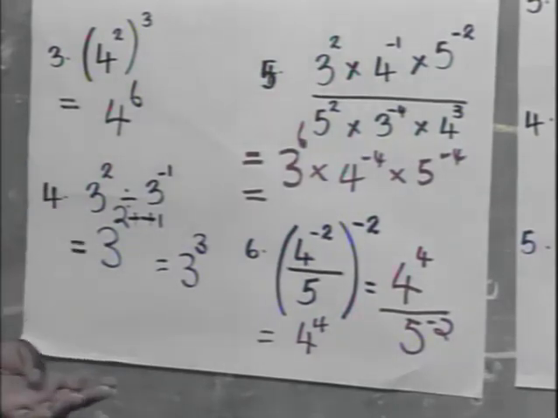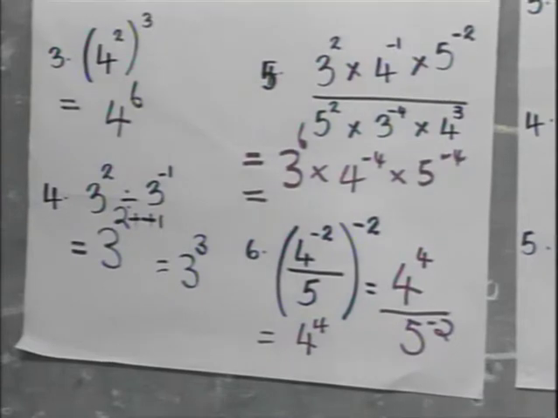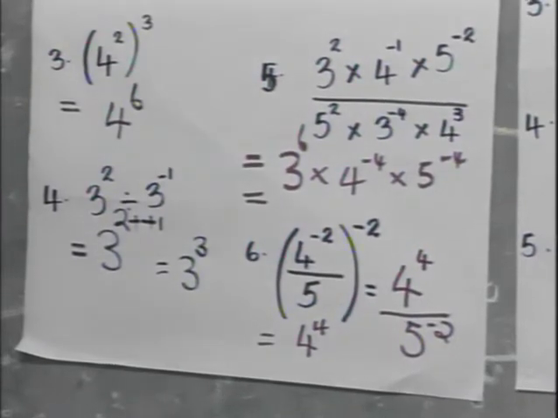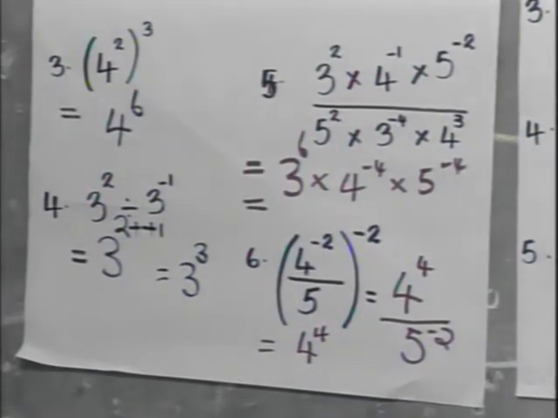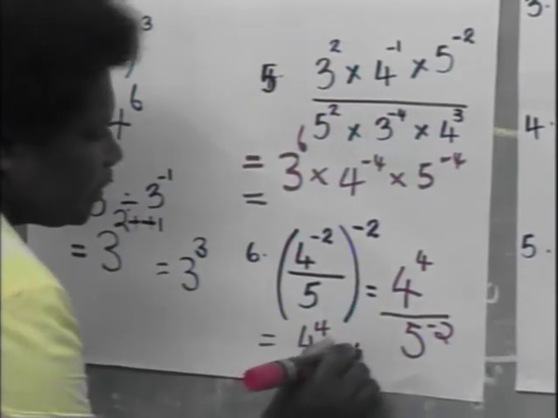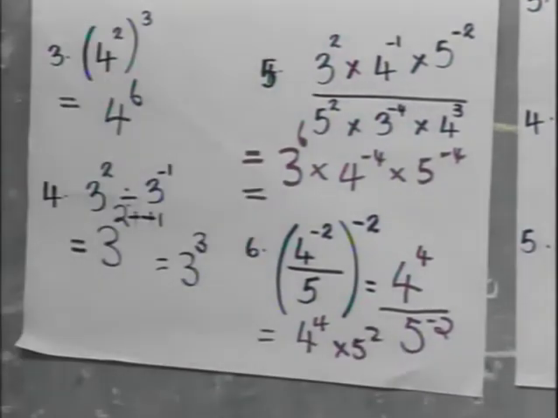I'm dividing by a fraction. If I can rewrite that, what would it be? 4 to the power of 4 times 5 squared. Good.